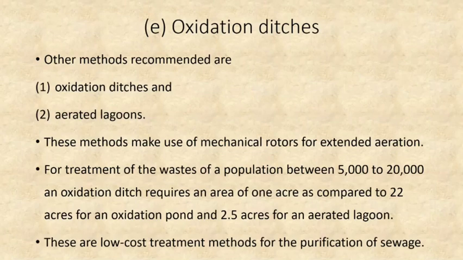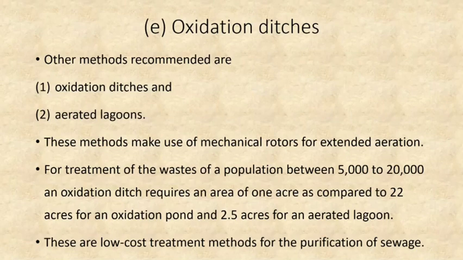The next method is oxidation ditches or aerated lagoons. These methods make use of mechanical rotors for extended aeration for the treatment of waste of a population between 5,000 and 20,000.